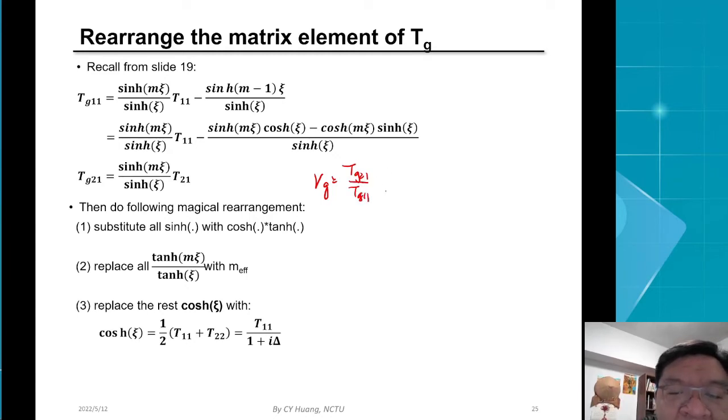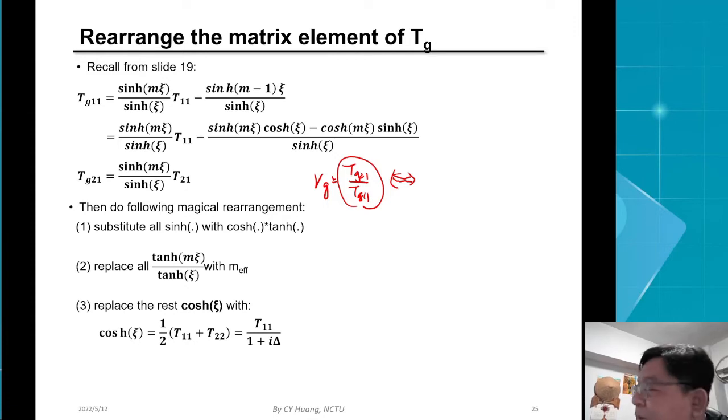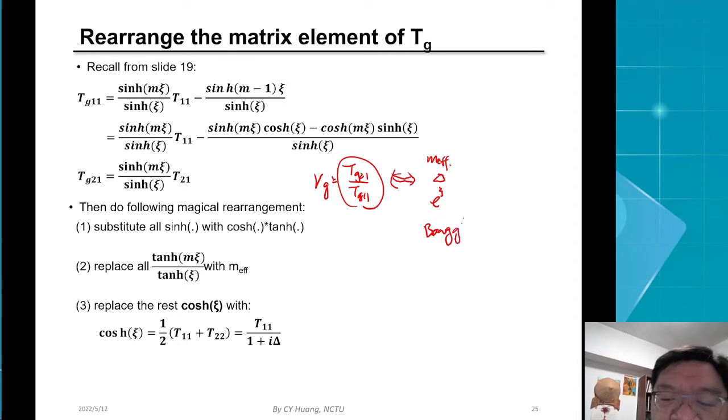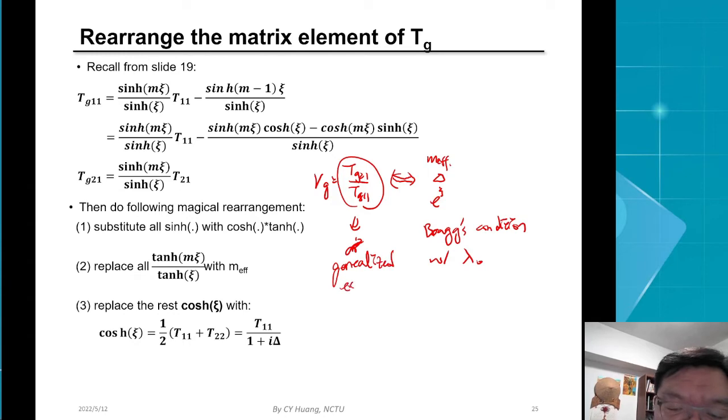But we want to link this expression with the terms from Bragg's condition, like MEFF and delta, since these values are from Bragg's condition with lambda 0, and this is the arbitrary or generalized result.